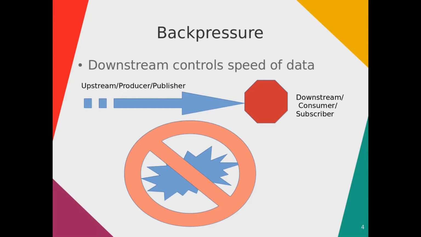In other words, it controls the amount of data that it's receiving. And this avoids a lot of issues that you might encounter without the ability to handle back pressure, such as memory overflows, or taking up 100% CPU and crashing the system.